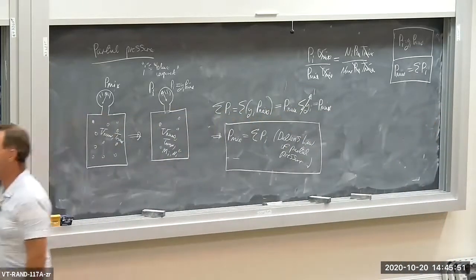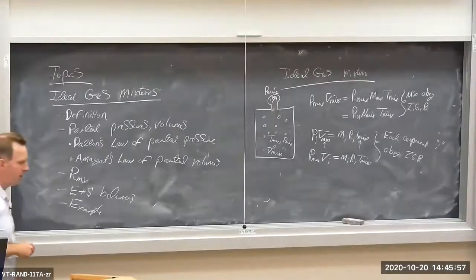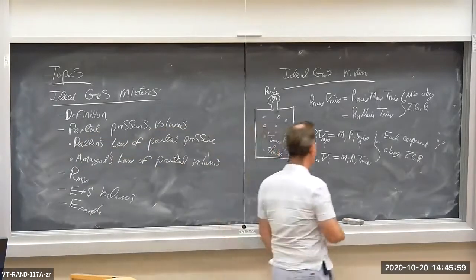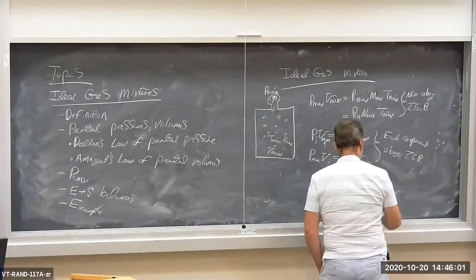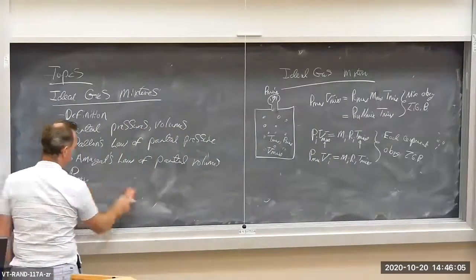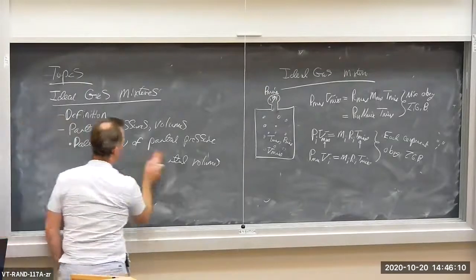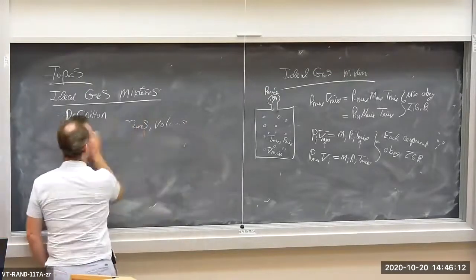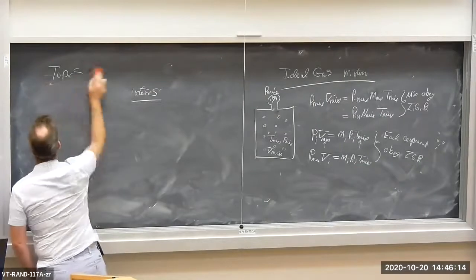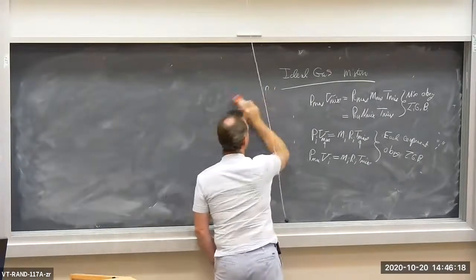Okay, let's do another law here called Amagat's law of partial volumes. Let's do the same experiment, but instead of running it in a rigid tank, I'm going to run it in a piston cylinder device and keep the pressure constant in my mixture as I pick out all but one component.